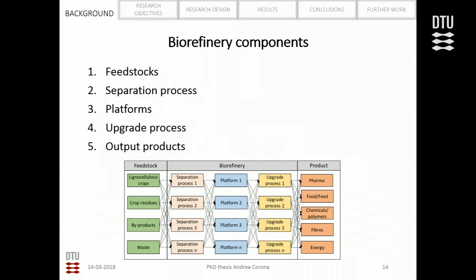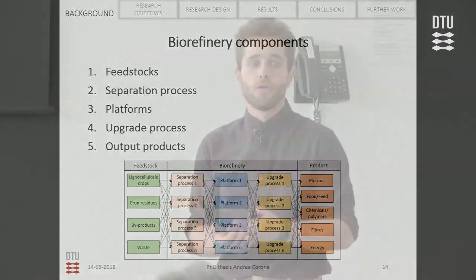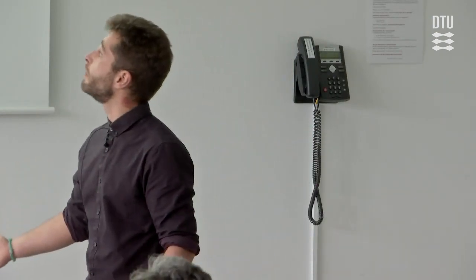The biorefinery can also be composed of three main items. So first of all, we have a feedstock which enters the biorefinery, and through one or several separation processes, we produce the platform or intermediate products. Those can be defined as the simple biochemical components, such as glucose or lignin, or other compounds downstream in the conversion pathway.